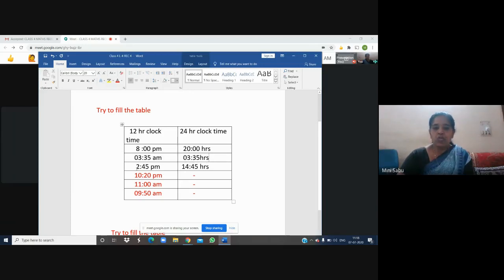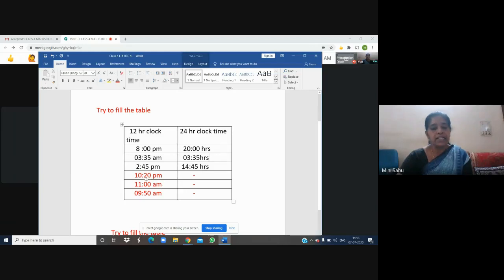Now 2:45 p.m. is afternoon, 15 minutes before 3 o'clock. Since it is p.m., we have to add 12 here. When you add 12 plus 2, you get 14:45 hours.